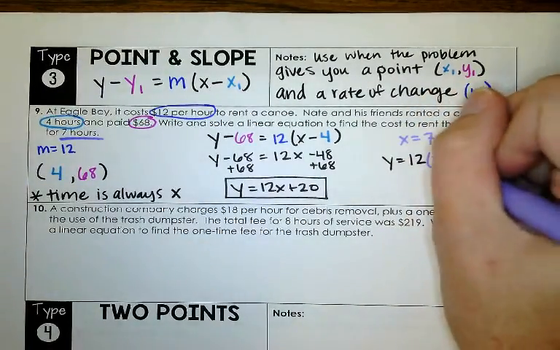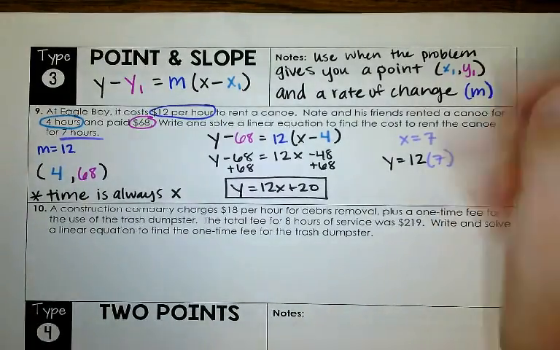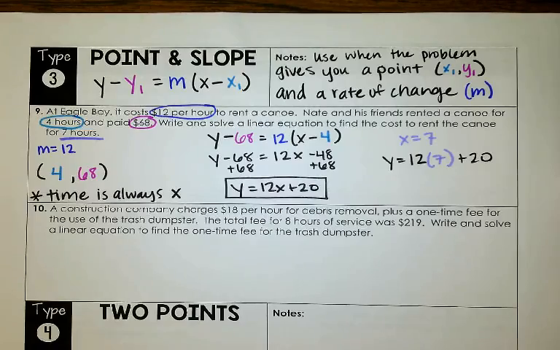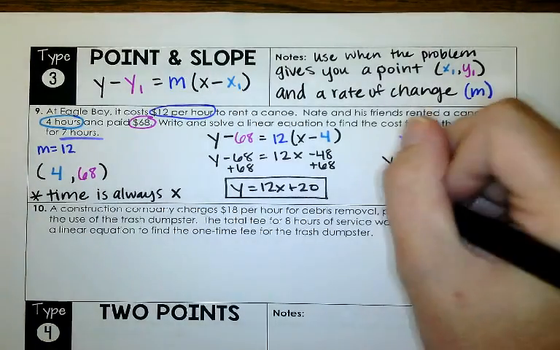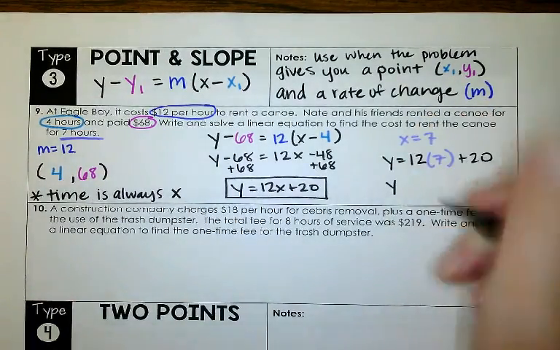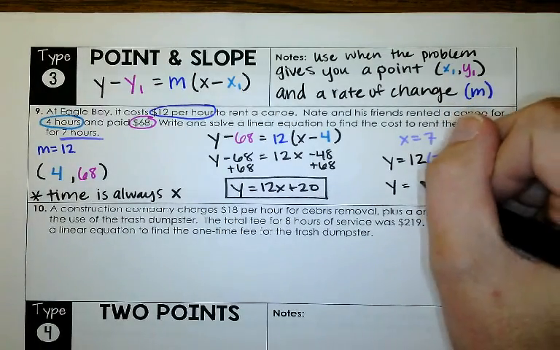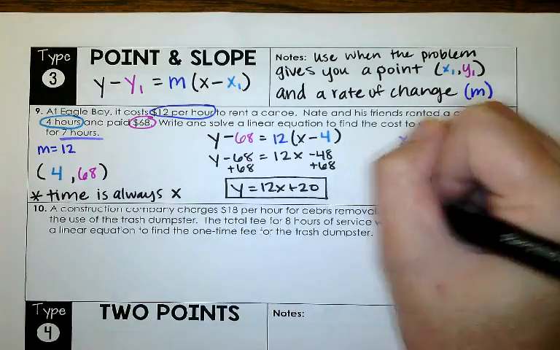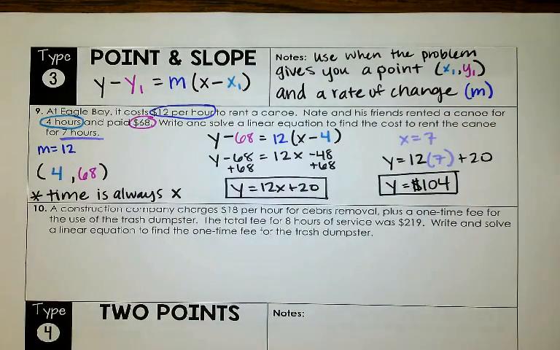So now we're going to plug in that 7 there, and we get y is equal to 84 plus 20. So that is 104, and I left enough space to put my little dollar sign. So it is $104. Do y'all feel good about that?